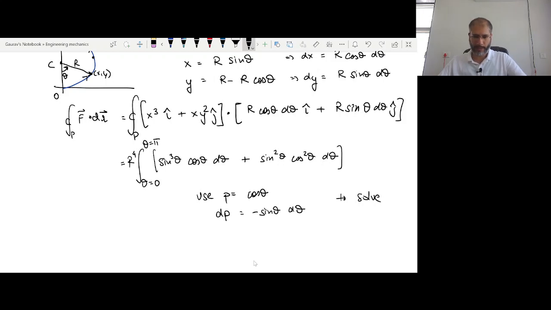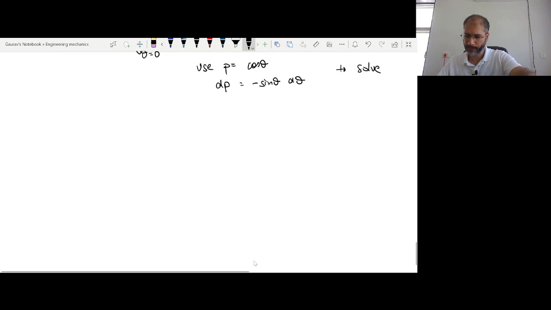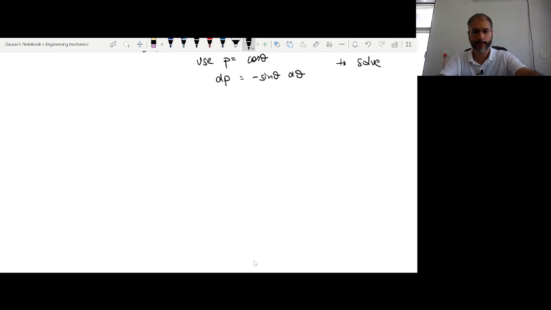Right, so let's try another problem. In this case, this is about potential energy. So we discussed that central forces are conservative forces. So how do we find a potential energy function corresponding to a central force?